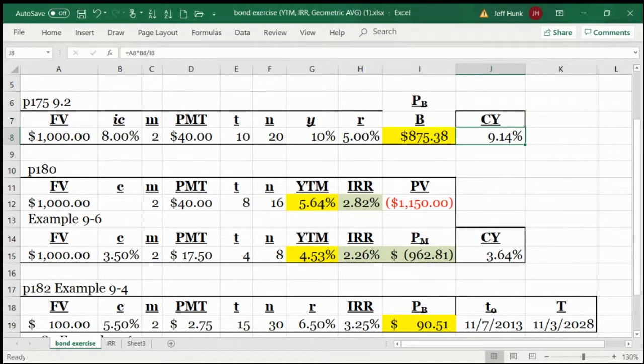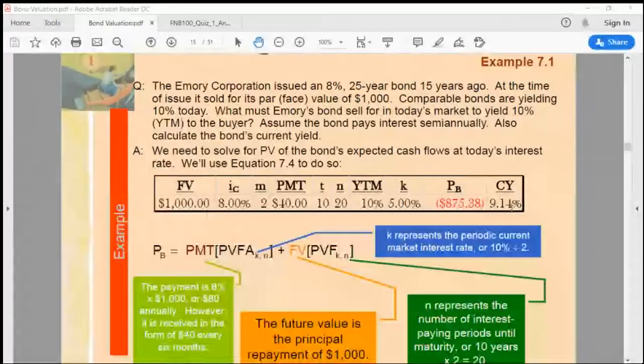So we answered that question, and let's check our slide. Go back and stop sharing. All right, there you go. So we got 875.38 and a current yield of 9.14.